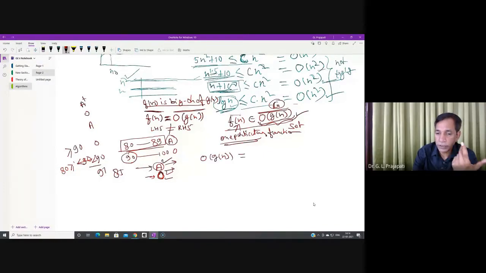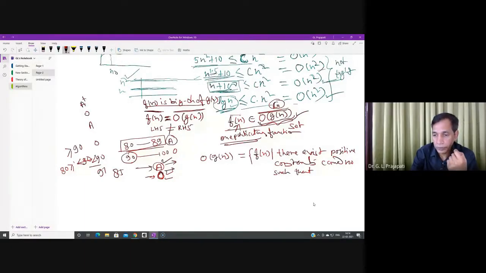So O of g of n denotes the set of functions f of n such that there exist positive constants c and n0 such that f of n is less than or equal to some c into g of n, and f of n itself is greater than or equal to 0, and this is for all values of n greater than or equal to n0.